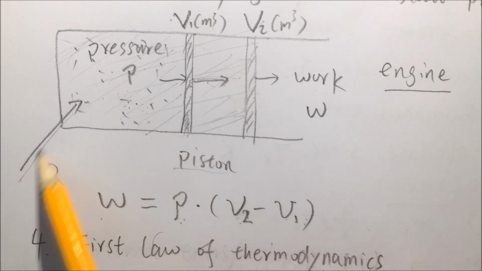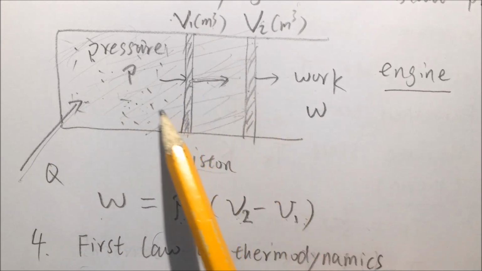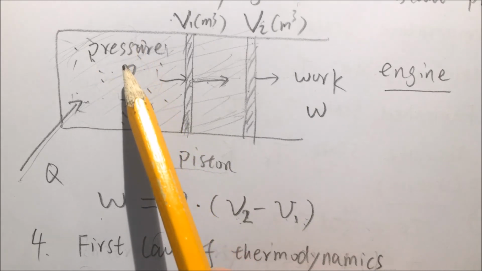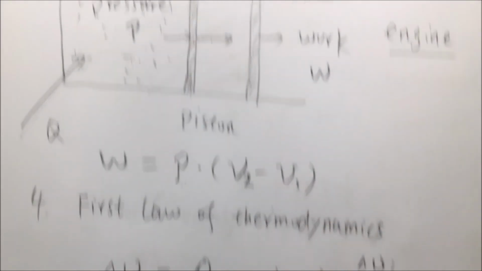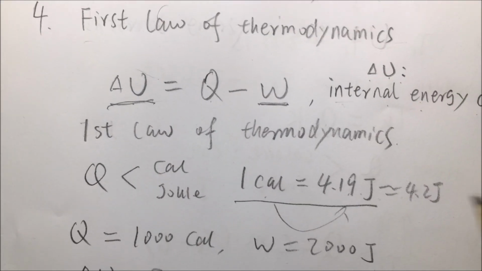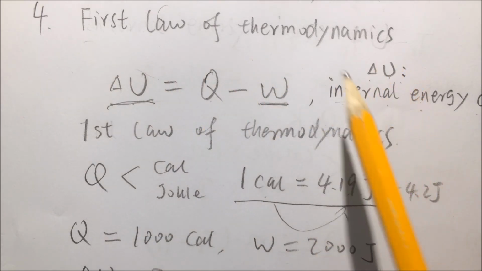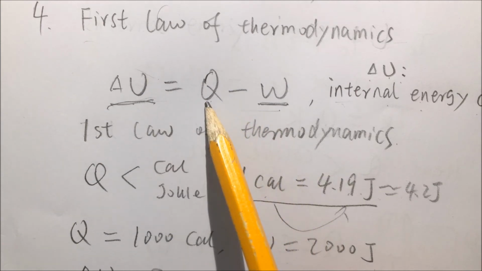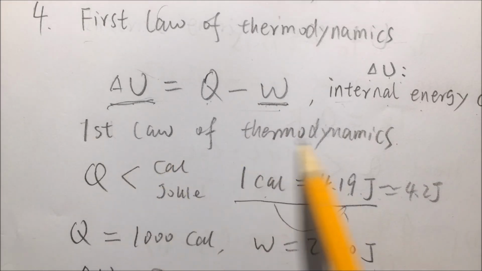That means if the heat flows in, the gas expands to do the work. Meanwhile, the gas will increase its temperature. Then the internal energy of the gas will change. So the internal energy change described by the first law of thermodynamics, formalized by that equation, is equal to the heat flowing into the system minus work done by the gas. This is the first law of thermodynamics.